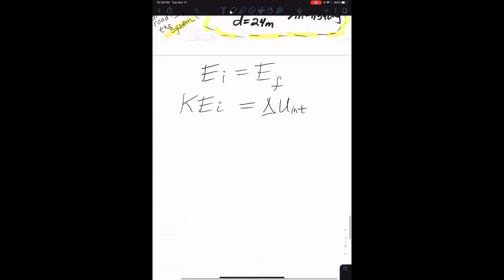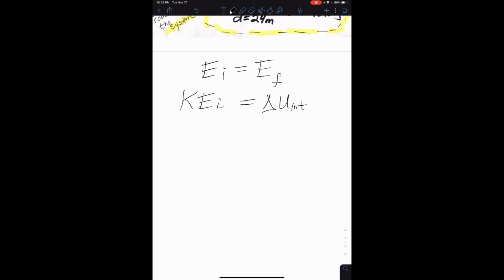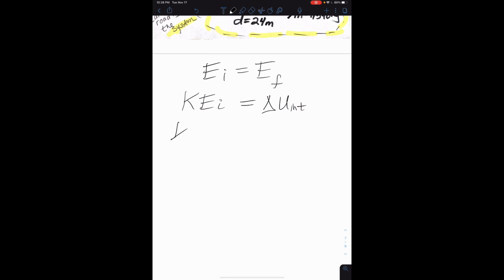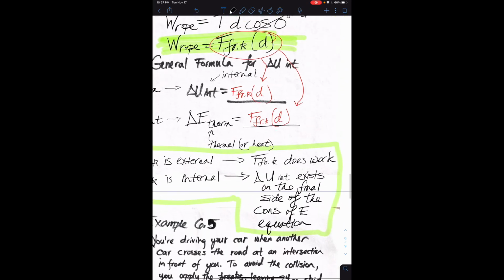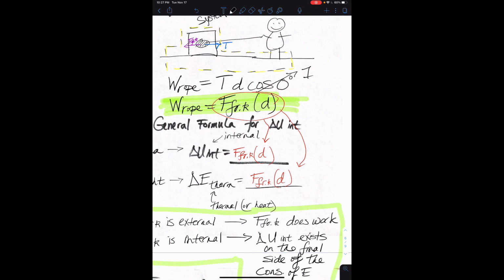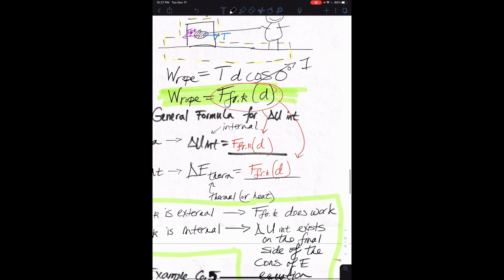Okay, so let's look at this then. What is our initial velocity? So we have for KE initial, 1/2 m vi squared. For delta U internal, we get to use our equation, right? Our equation was delta U internal is equal to force friction kinetic times distance.